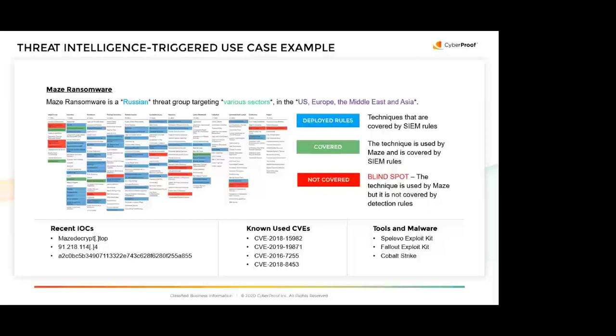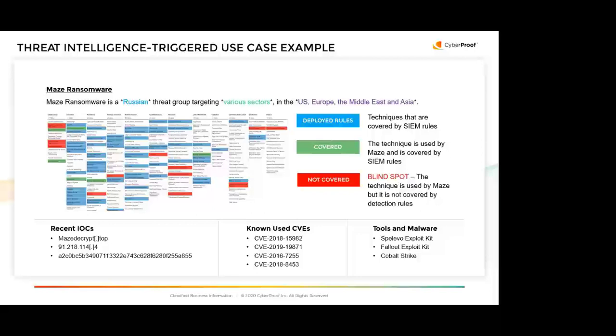We took the deployed rules within the customer environment, the techniques that were covered by their SIM in blue. We identified the specific Maze techniques that were covered by their SIM and highlighted those in green. And then we looked at the areas where there were Maze techniques that were not covered by the SIM rules and highlighted those in red. So this created our heat map for us.